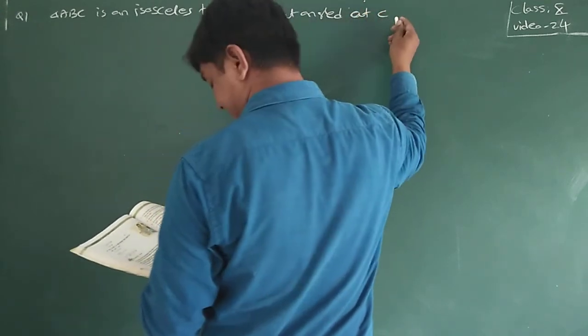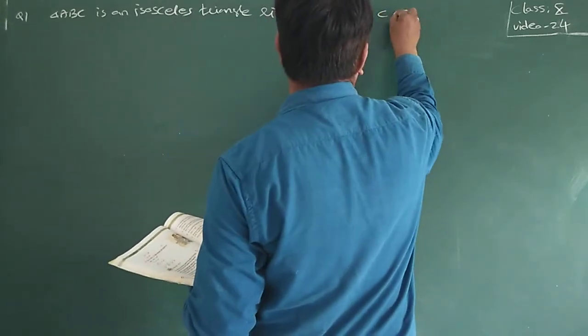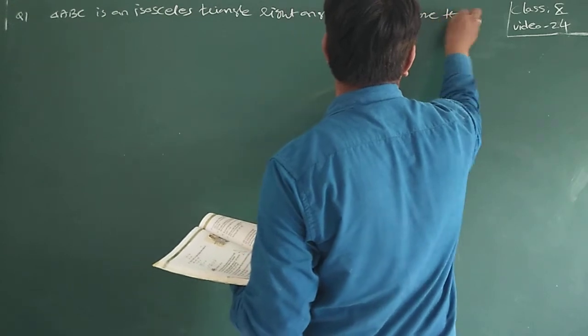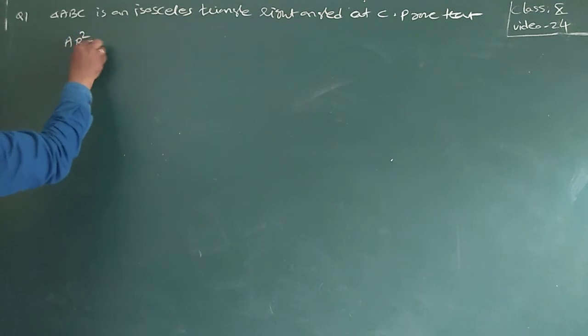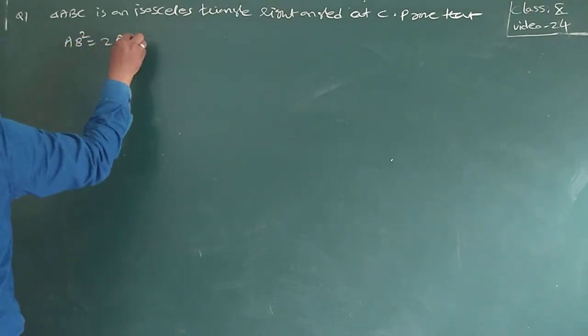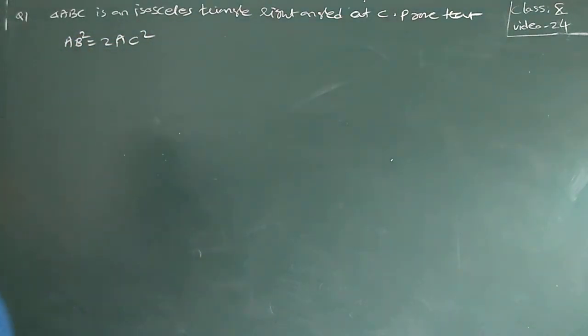Right angle at C. Prove that AB square is equal to 2AC square. They may also ask 2BC square.